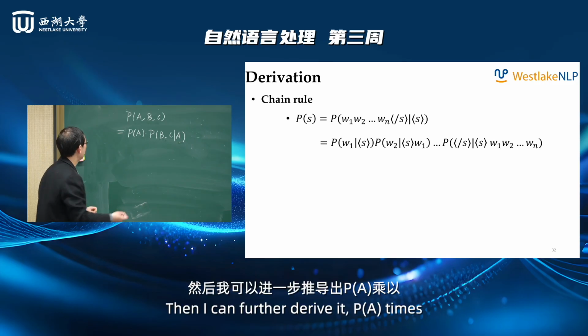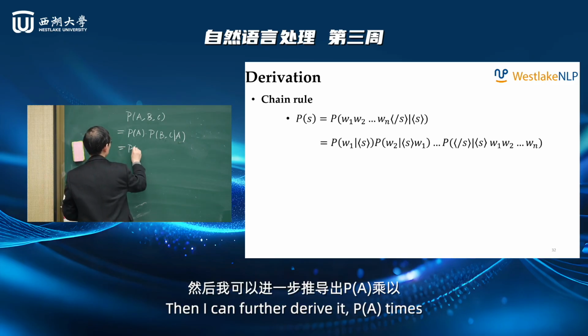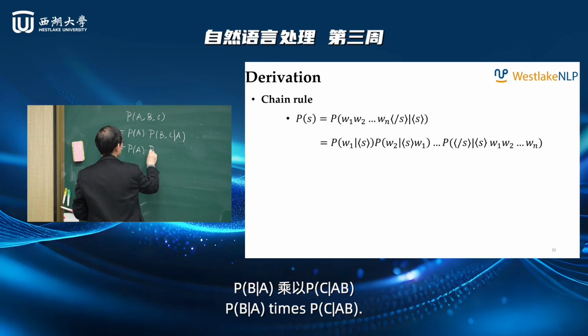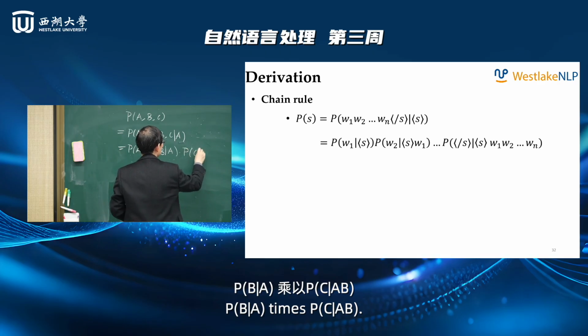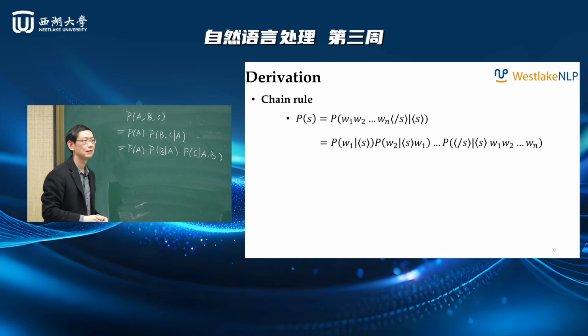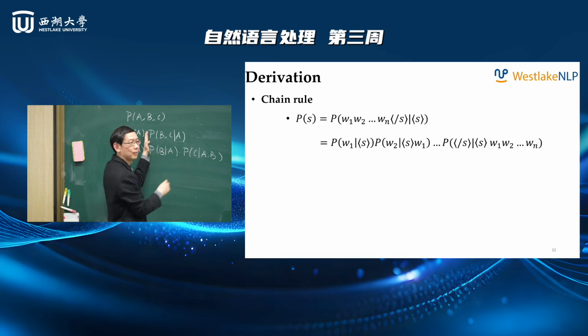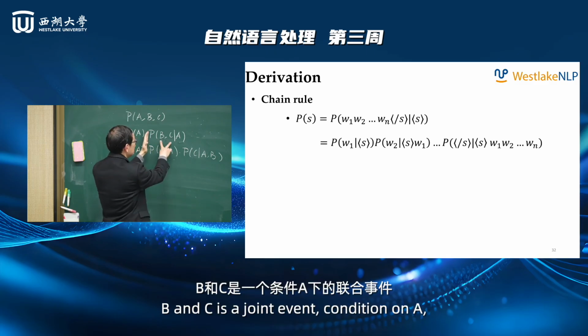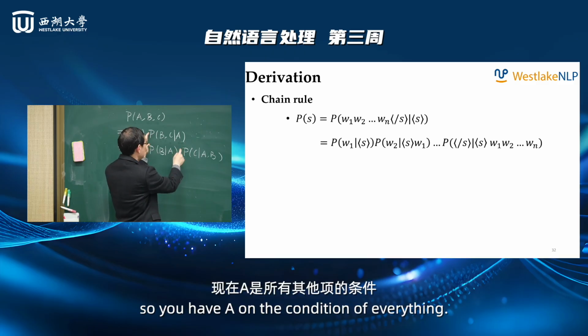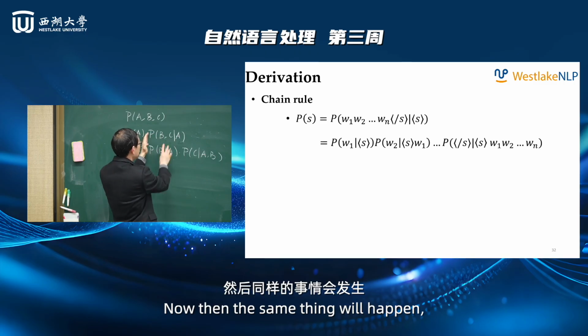And then I can further derive it. P(A) times P(B given A) times P(C given A and B). Why is this true? You only need to look at this part now. B and C is a joint event, conditioned on A, so you will have A in the condition of everything. Now the same thing happens.